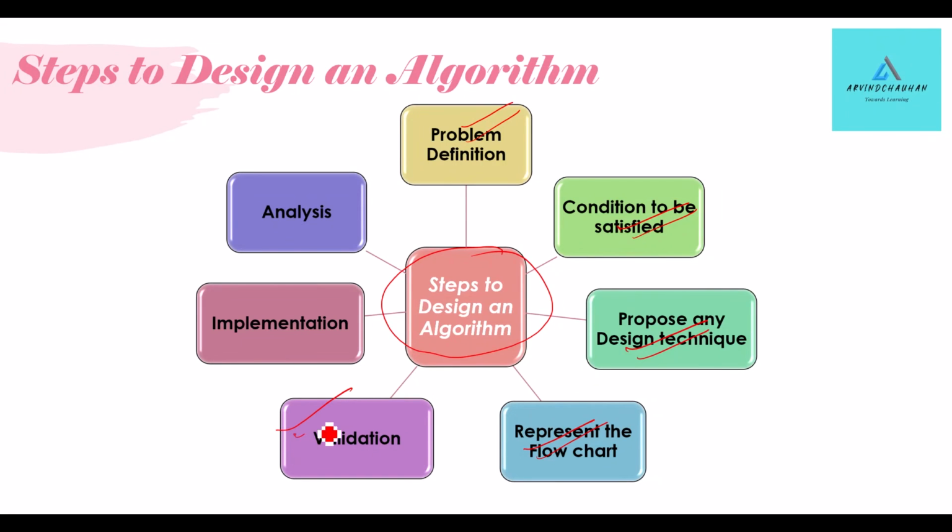Next is validation. Validation means, based on the input and what the output will be, we have to validate our algorithm with different use cases. If our algorithm satisfies all the use cases, then we can say, yes, this is the algorithm for our problem.